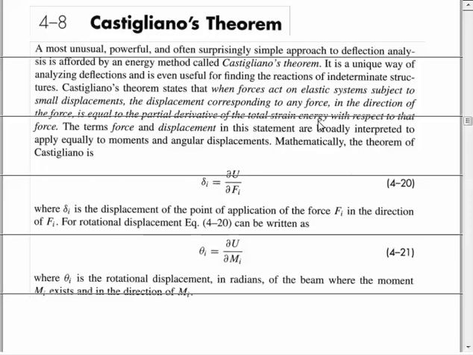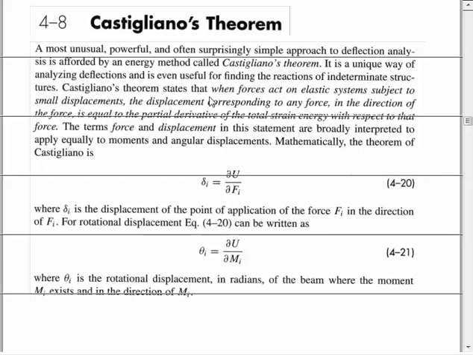What I'd rather say is when we take the partial derivative with respect to strain energy, we now have an equation that relates deflection to that original force. That's a little bit of broader interpretation because that means we can either use the equation to solve for the deflection if we know the force, or we can use it to solve for the force if we know the deflection, and that's what lets us handle indeterminate problems.